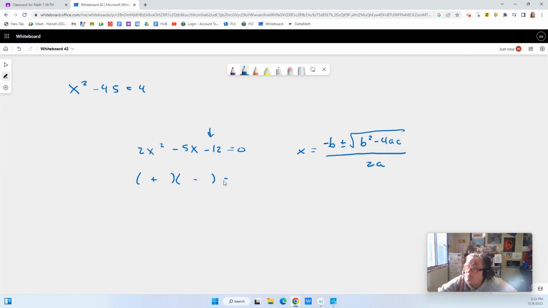The reason I know that is that these 2 end numbers are going to multiply together to make this end piece right here. And you can't have a negative number at the end unless you're multiplying a negative times a positive, right? It's not possible at all. So if you have a negative at the end, one of your factors will be positive, one will be negative.